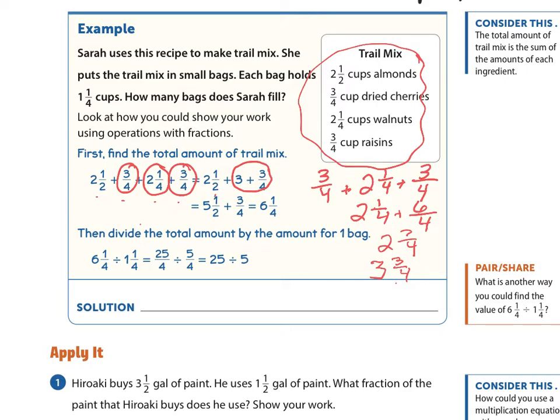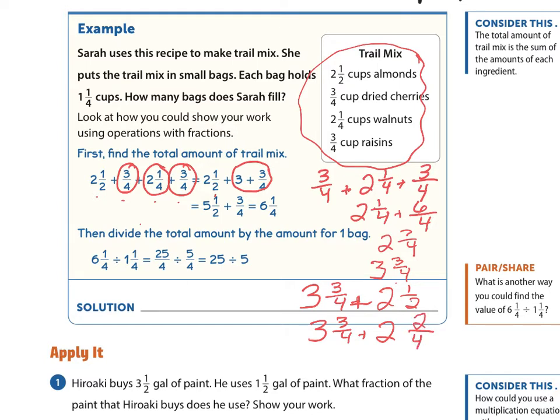Well, to add these two together, so to add 3 and 3/4 plus 2.5, we have to make common denominators. 4 and 2, they share the least common multiple of 4. So we can leave our 3 and our 3/4 alone. But we're going to change this to a 4 by multiplying by 2.